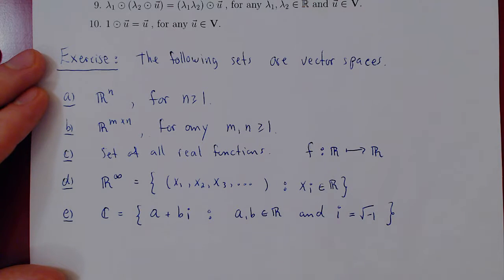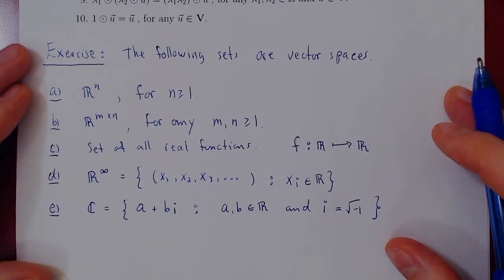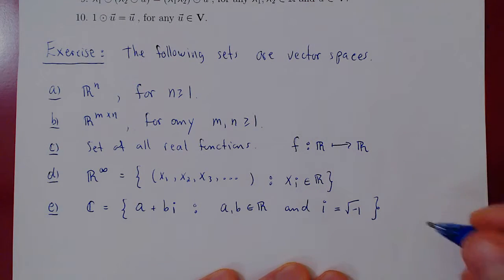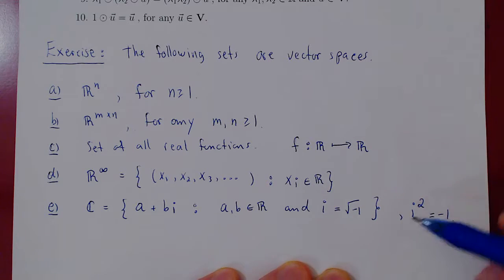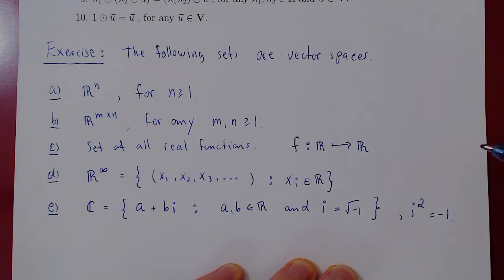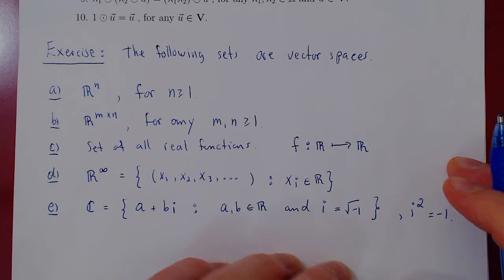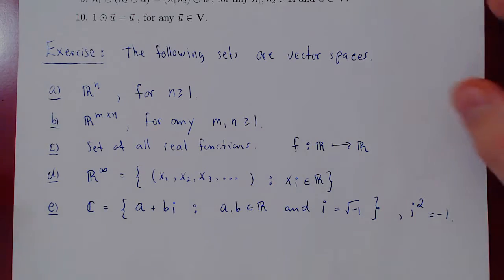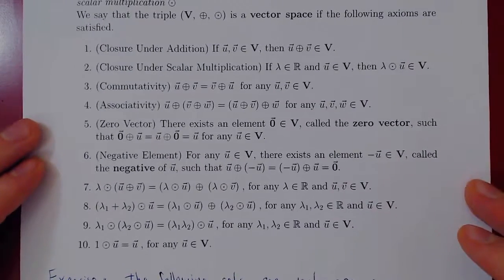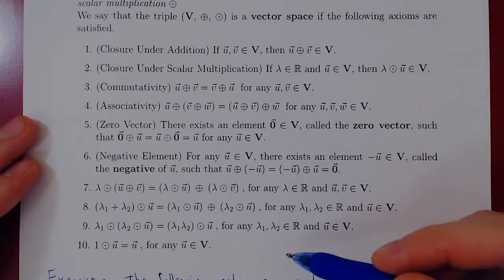This also is a vector space. Think of i as some number whose square equals -1. Clearly i is not a real number, because if you square a real number, it will always be non-negative, and since i squared is negative, i is not a real number. But the space of all complex numbers is also a vector space, and it's not very hard to verify that all of these 10 axioms are satisfied.